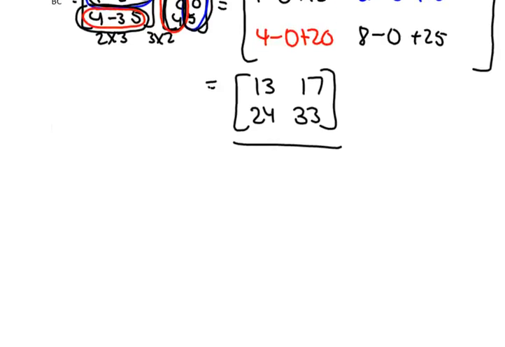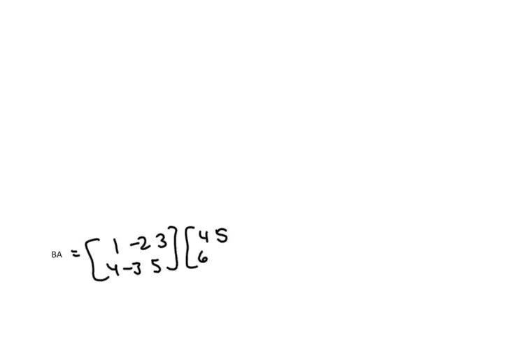Okay, now let's go to B times A. Okay. So then B, I can rewrite as this, and A. So again, this is a 2 by 3 with a 2 by 2.